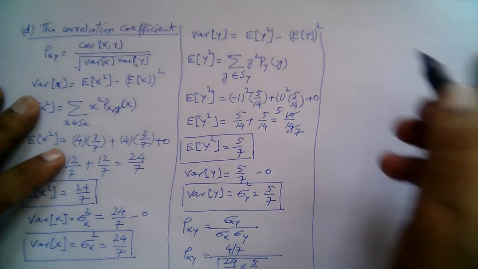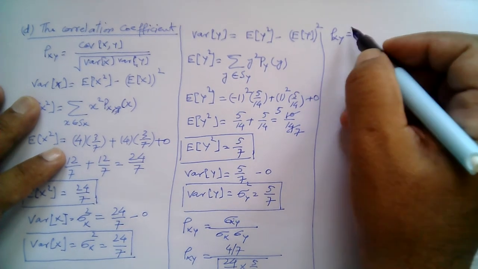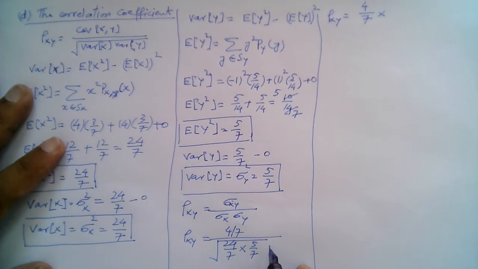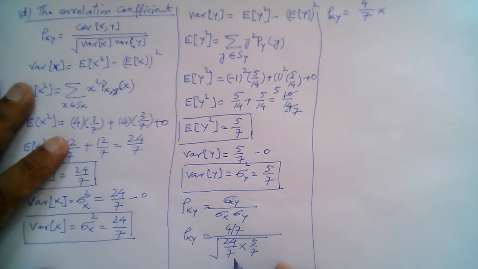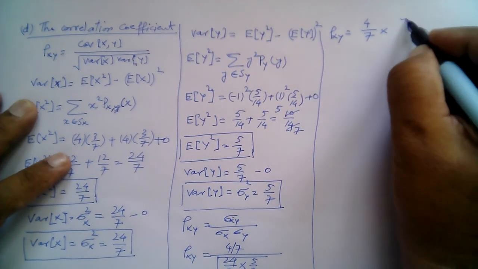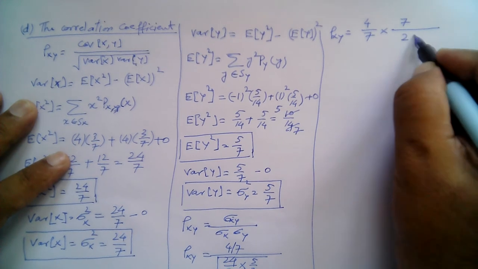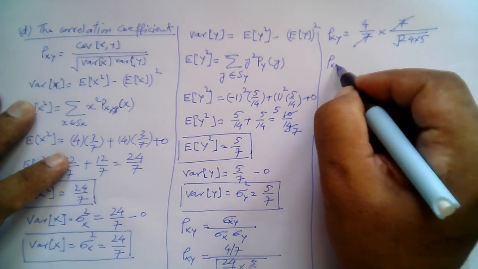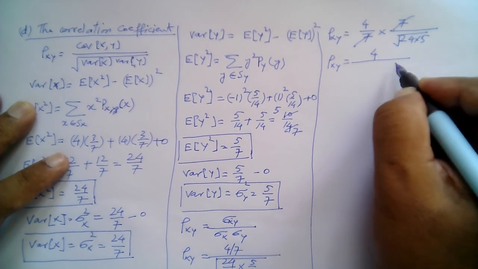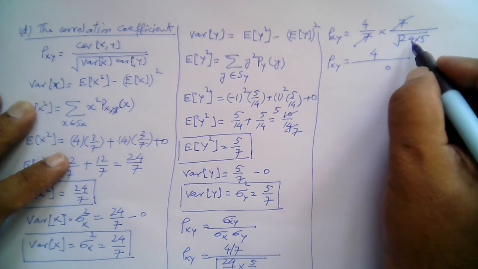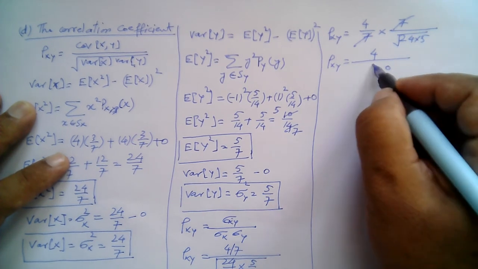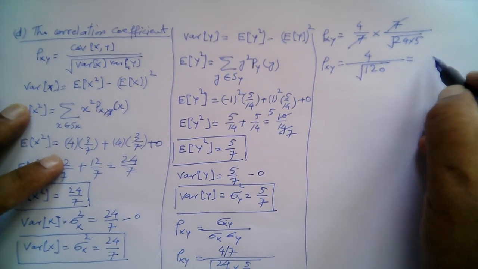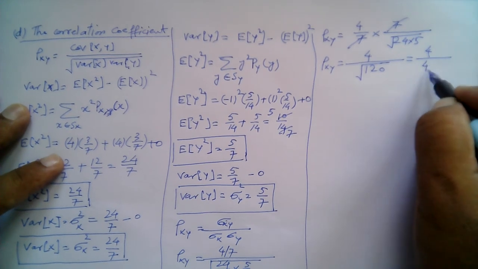So the correlation coefficient is given by 4 over 7 multiplied by the square root of 7 times 7 over 24 into 5. The 7 times 7 square root comes out to be 7, so this cancels out. So rho xy is equal to 4 over the square root of 120, which is 4 divided by the square root of 4 into 30.